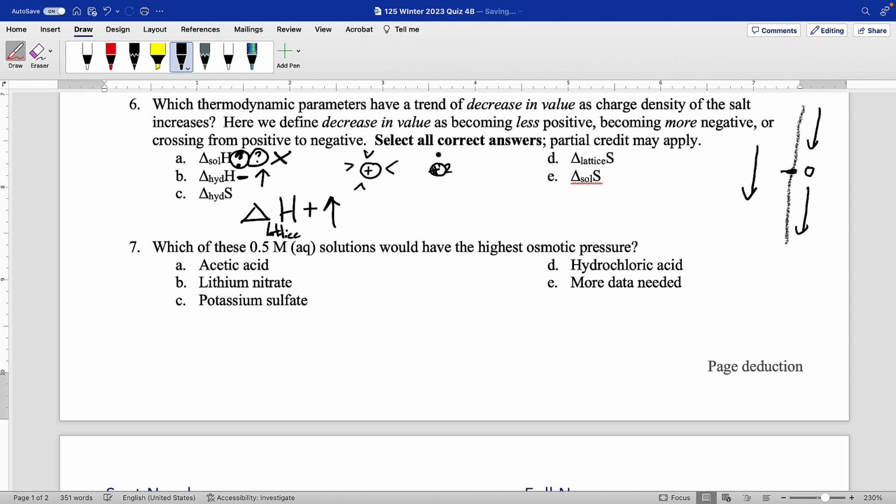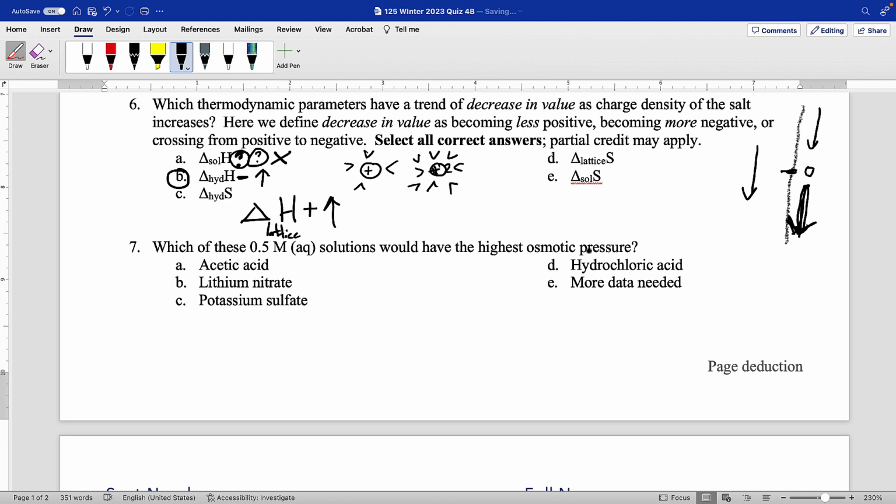If we had a +2 ion, that's going to interact with waters more strongly. We're going to be able to attract more waters to it. So that's going to make the heat of hydration even more exothermic. So it was already exothermic. It's going to get more exothermic. So it's going to be one of these arrows like that. So clearly this is an answer.